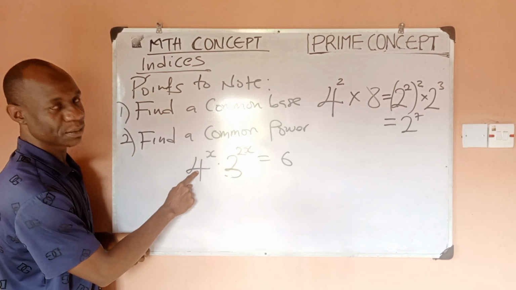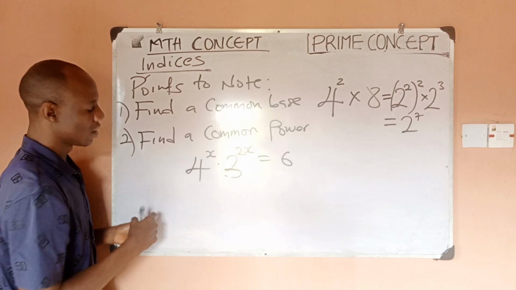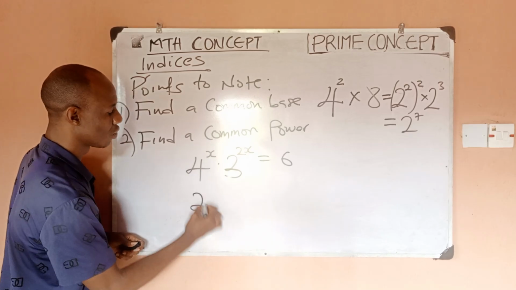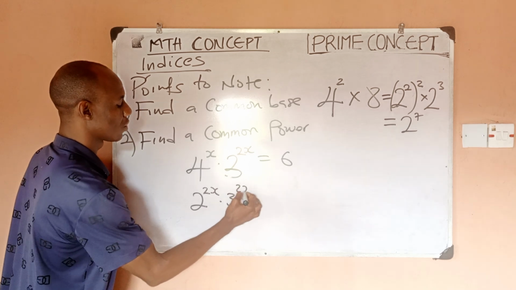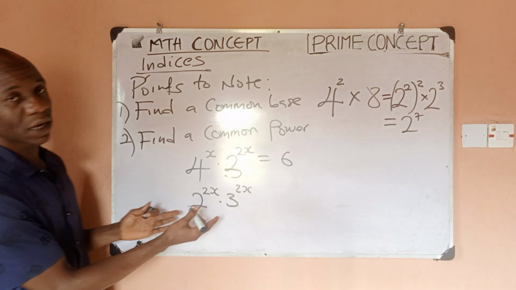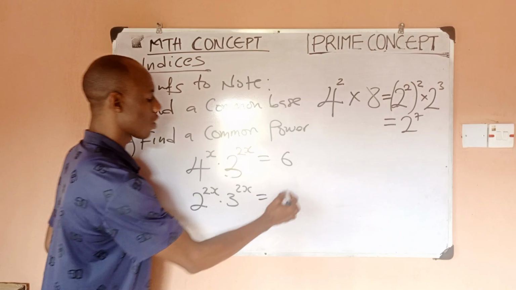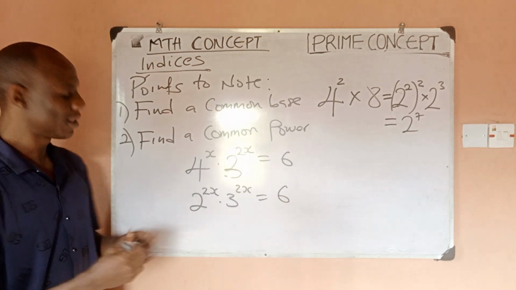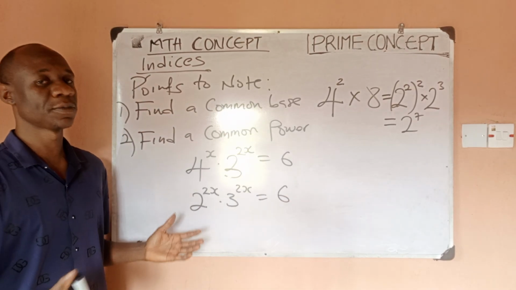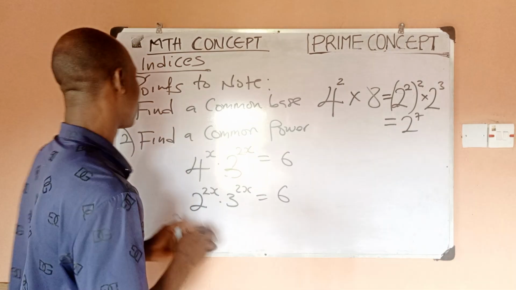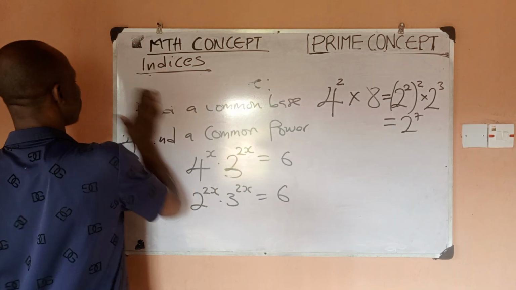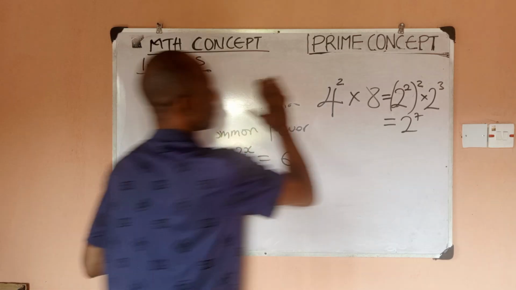Seeing that 4 can be written as 2 raised to power 2, you can then write this as 2 raised to power 2x times 3 raised to power 2x. Did you notice you have a common power here now? Yes, and with this common power, just like we did, you can now solve this problem. So these are the things you always look out for when you're solving indices. So do well to note these points.